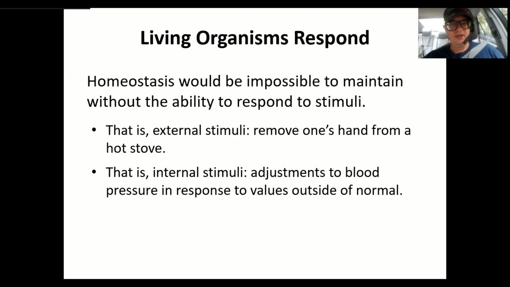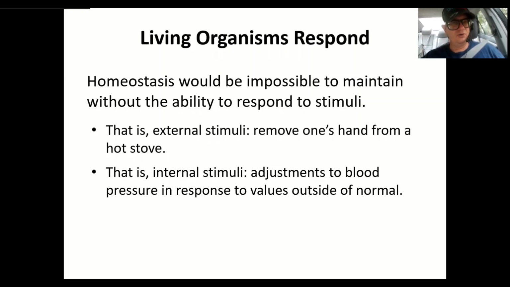All right. Everything that's alive has the ability to respond to stimuli. That means the example they're using is you get your hand off the hot stove. But you could have external stimuli, internal stimuli.